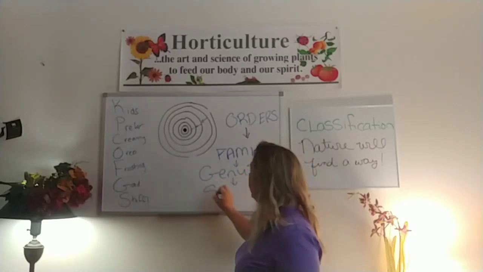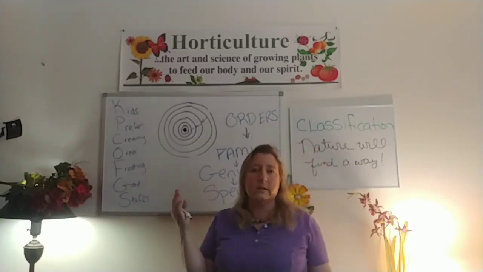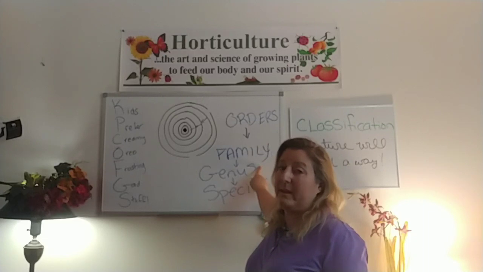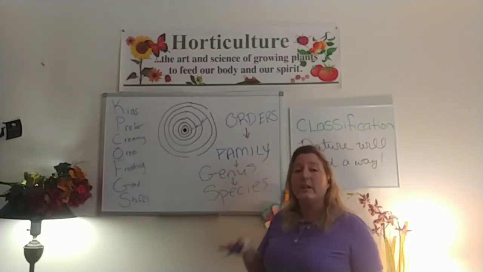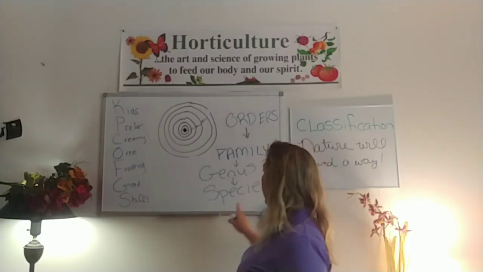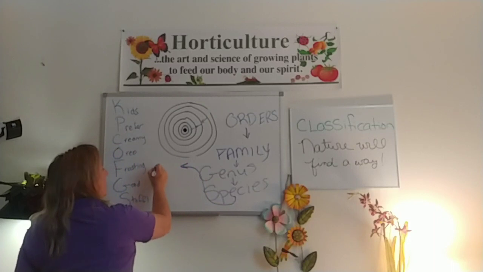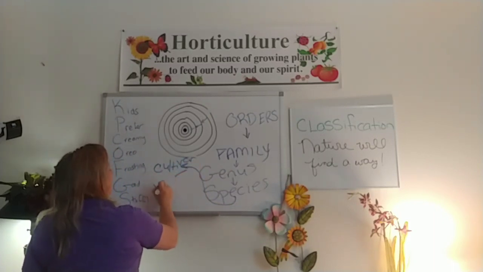And lastly, the species. And remember, the species name is a combination of a genus and a species epithet or a species descriptor. Now, plants actually go 1 step further, okay? Under your species, you can have a cultivar or a variety.